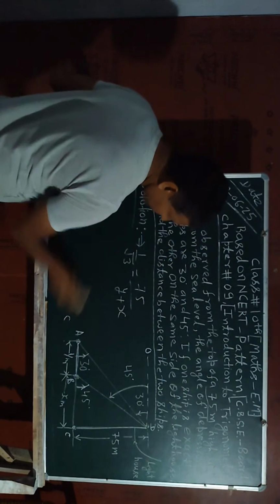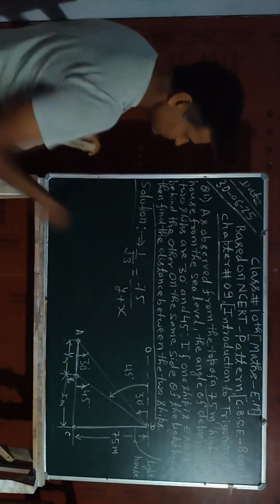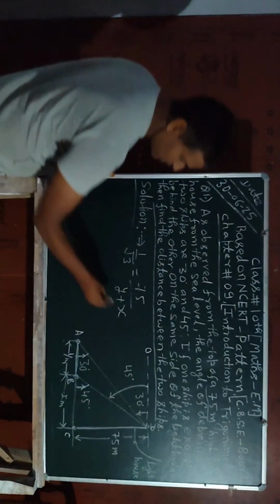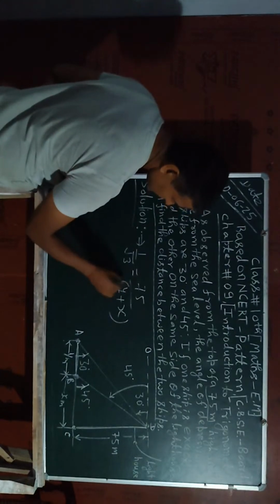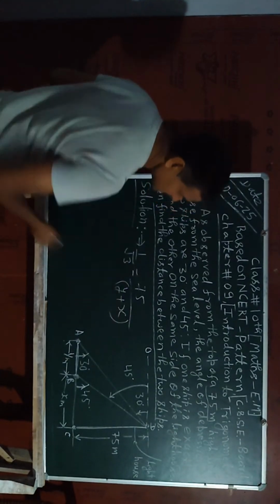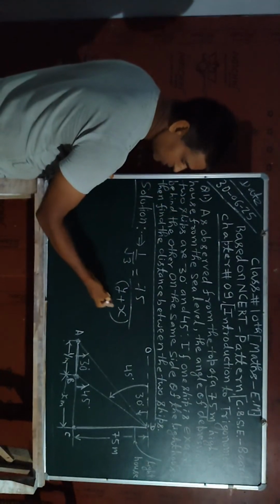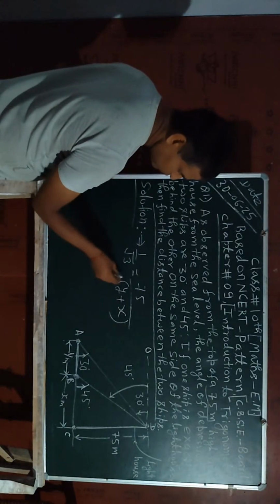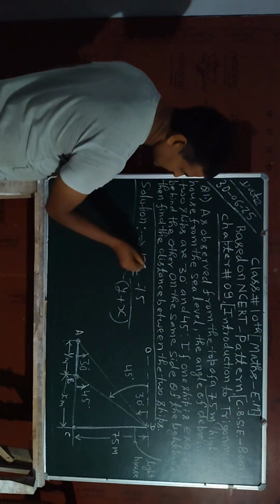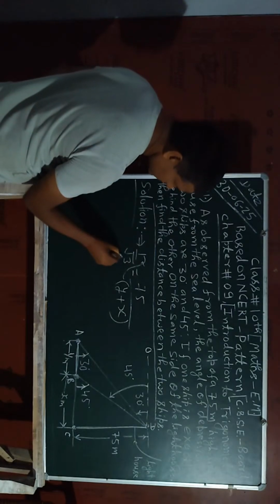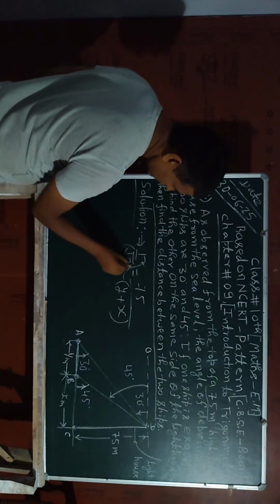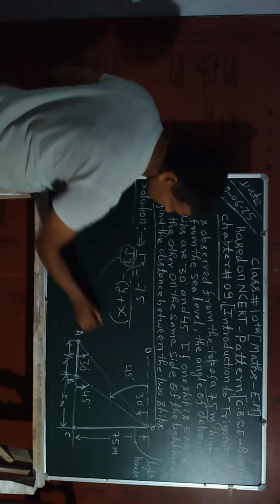Now further I will do cross multiplication for getting the values of X and Y, which form a linear equation in two variables X and Y. So I will do cross multiplication here. This is multiplied with this, and this value I will multiply with this.